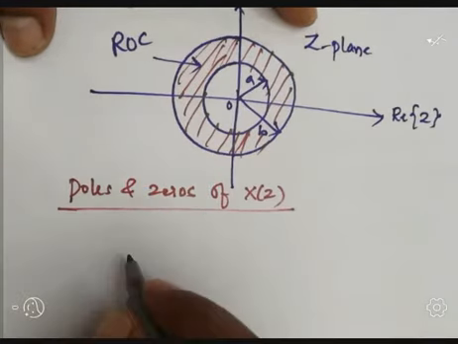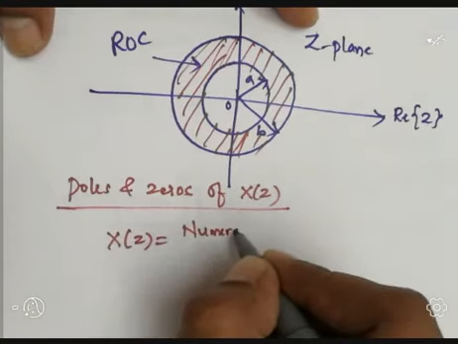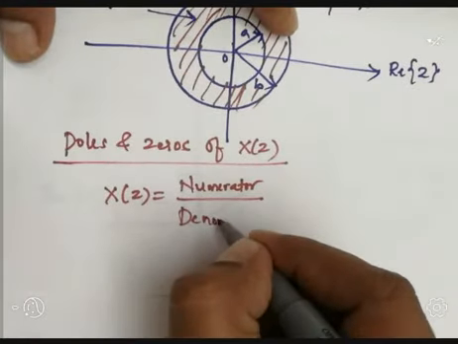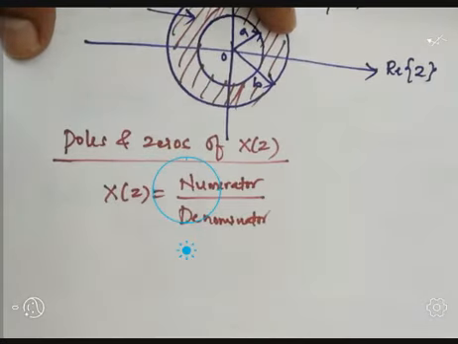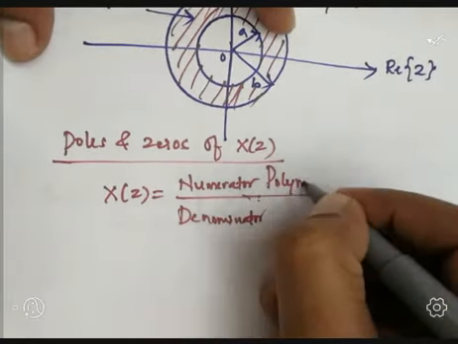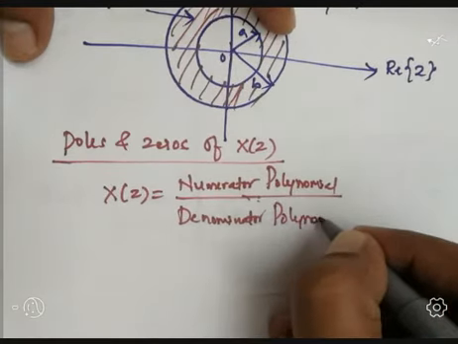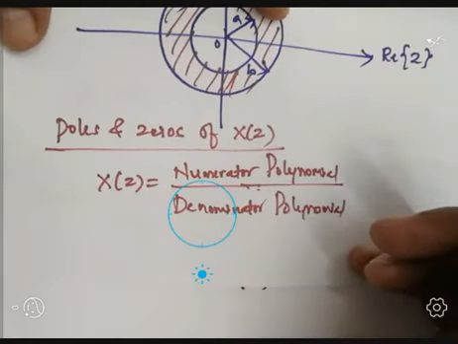X of z equals numerator divided by denominator. We'll see which part represents poles and which part represents zeros. This is the numerator polynomial, and this is the denominator polynomial.